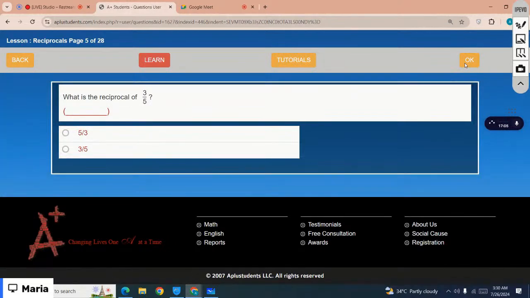Which is the correct option? That is 5 over 3. Option number 1 is the correct option, right?